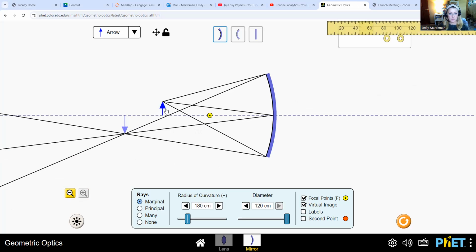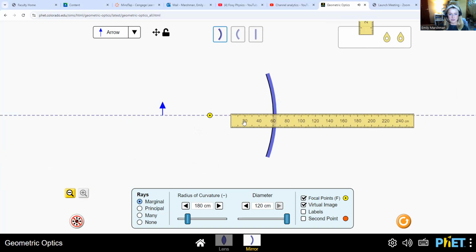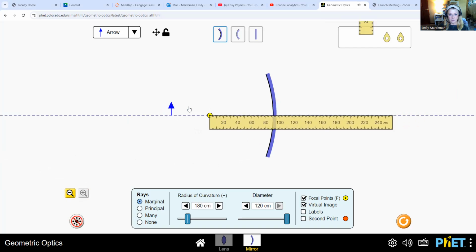Now the question is, what happens when I put my object inside the focal length? Let's suppose I turn the light off, and maybe I put my object now at 50 centimeters away. It's inside the focal length.